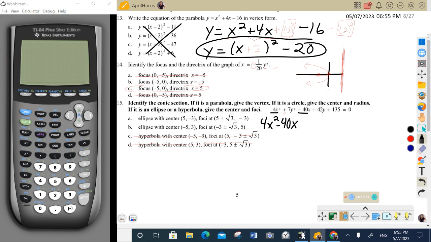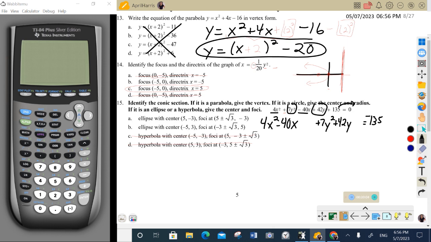Make sure you leave a space on the x after the x. Then I'm going to group my y's, positive 7y squared plus 42y. I think I'm going to run out of space here. When you move 135 to the right, it becomes negative 135.